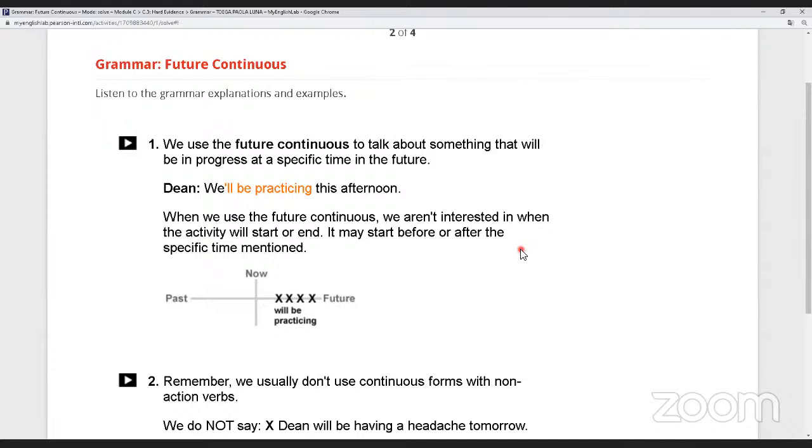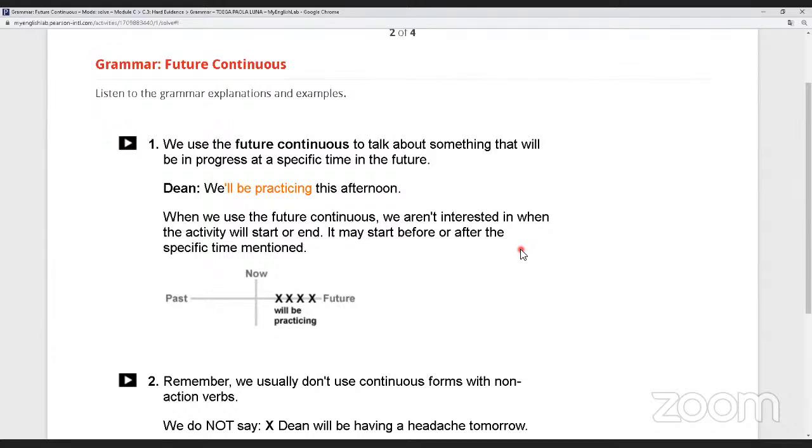What do I mean with this? All the continuous forms, right? Where we're going to focus our attention is going to be the continuous form. I mean, the action that is in progress.